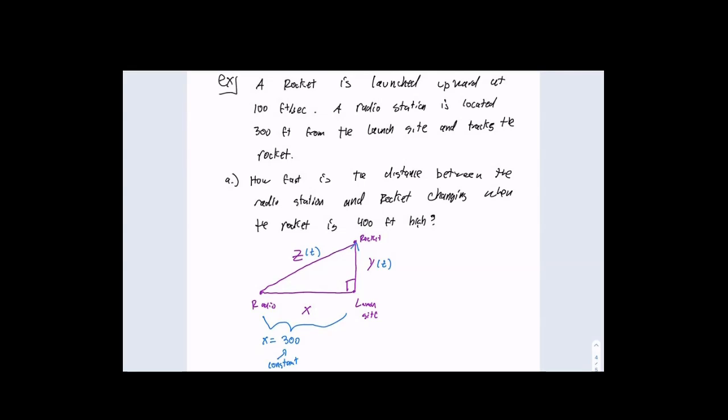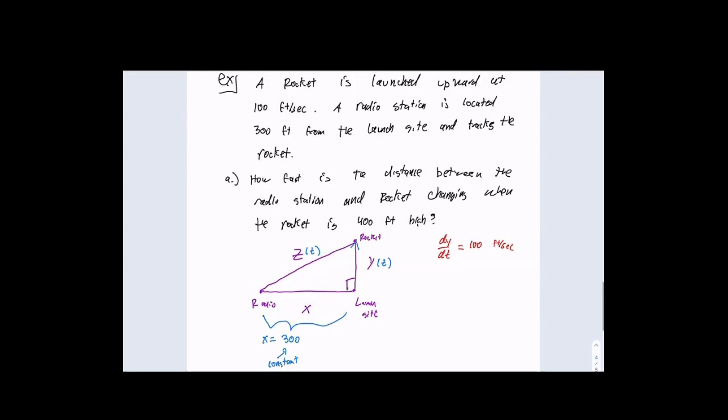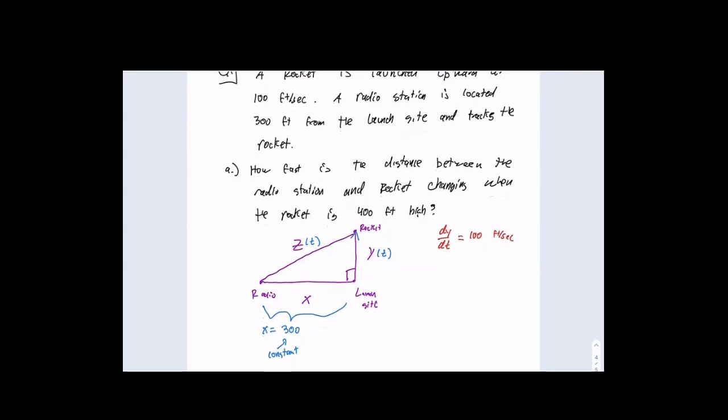It is dy dt. There you go. dy dt is 100 feet per second. We already labeled the x as the 300, so they've already given me that piece of information. And what other information did they give me? Well, come on, class. Just look at the next number. 400. And what is 400? This is Y. That's y.